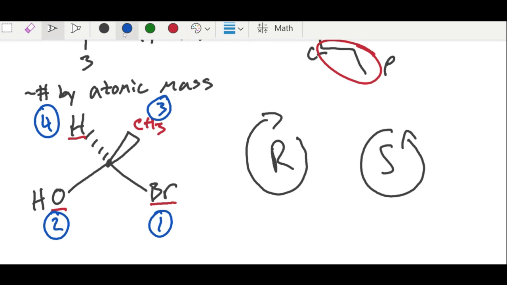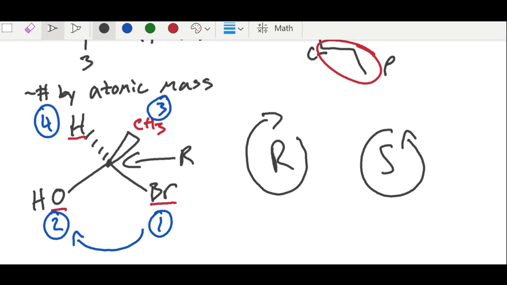To find that out, you have to look at your number 1 and number 2 and draw an arrow from 1 to 2. It doesn't matter that 4 is before 3, as long as 1 is going in the direction to 2, it works out. Obviously, 1 can also go around the other direction, but we're looking for the shortest distance. So in this example, this chiral carbon is going to be R.